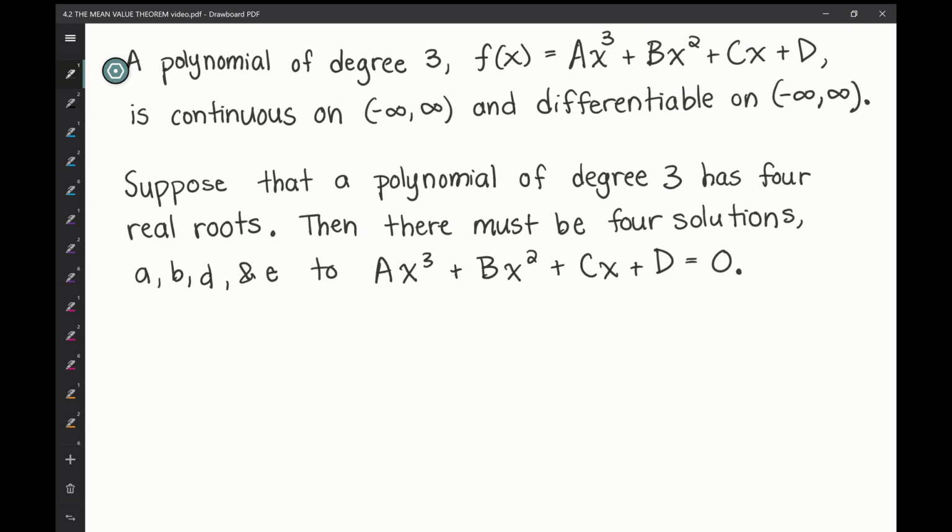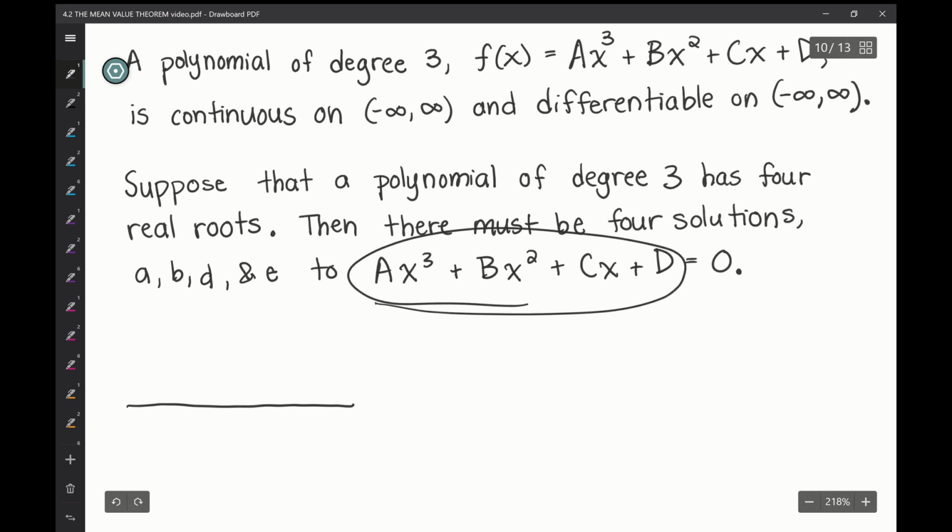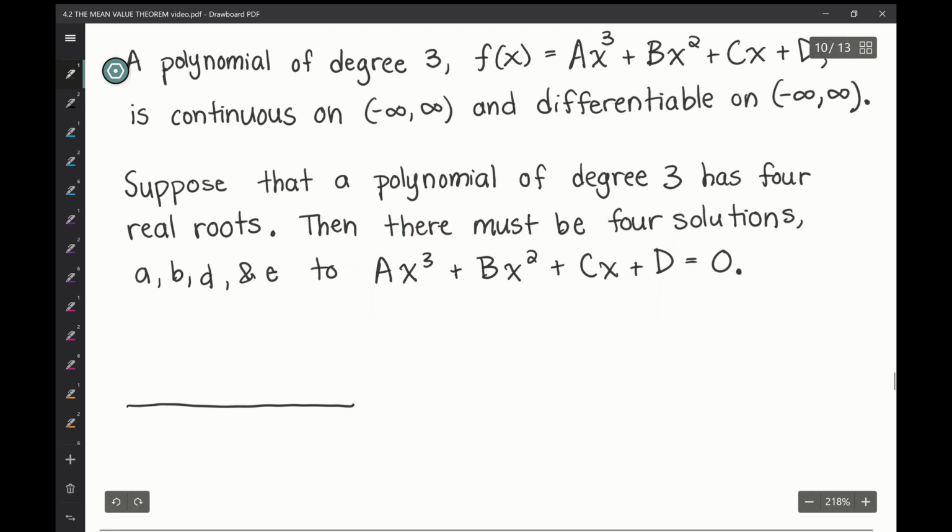They're the inputs that when we input them into our third degree polynomial, our output is 0. So that means that f of a is 0, f of d is 0, f of e is 0, and f of b is 0.